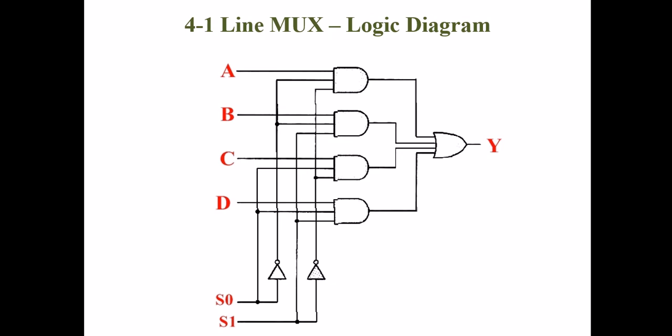Now the 4 to 1 line MUX is represented here. Here you can see for A, both complements are attached to the AND gate.